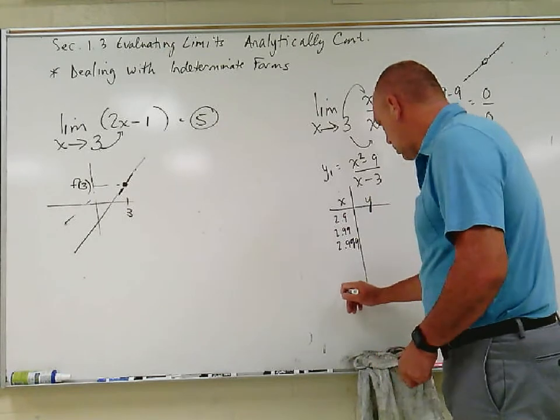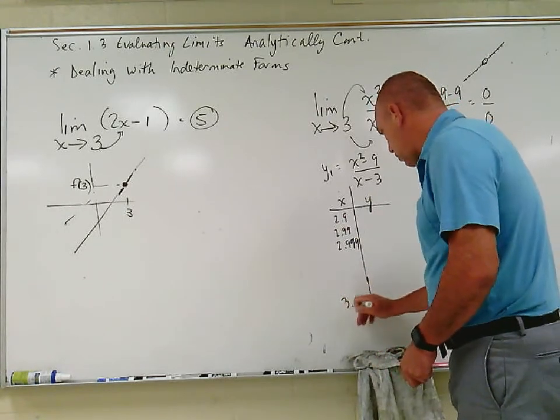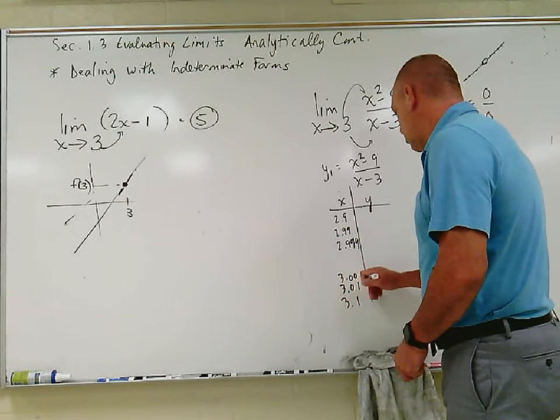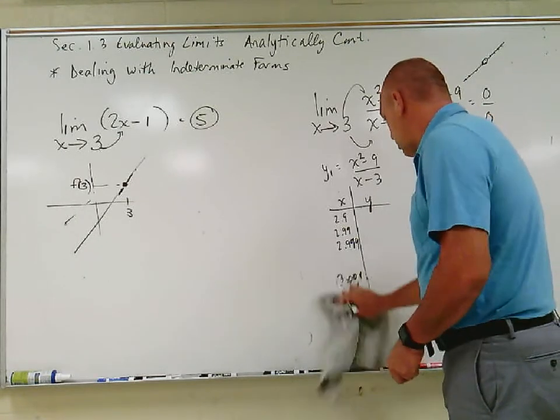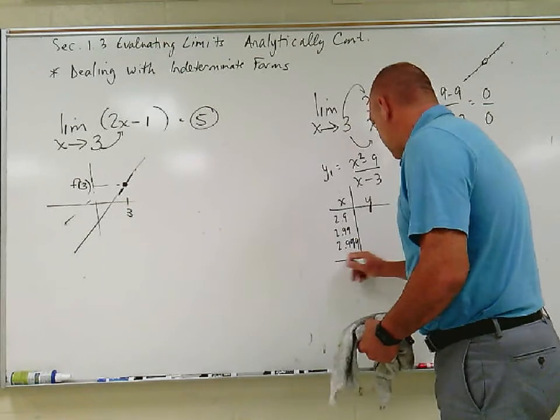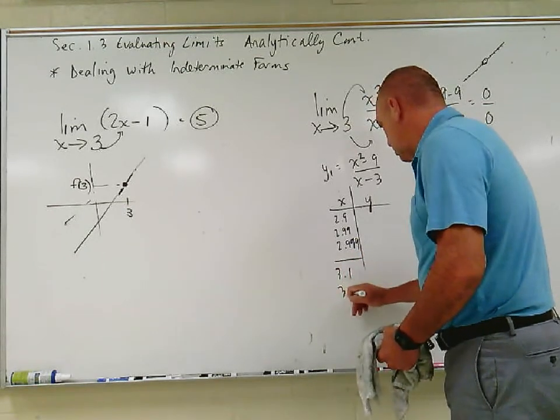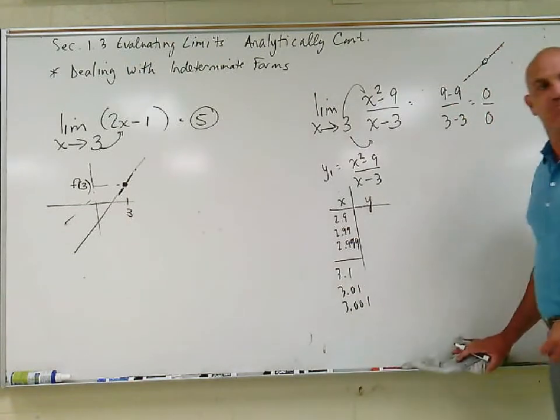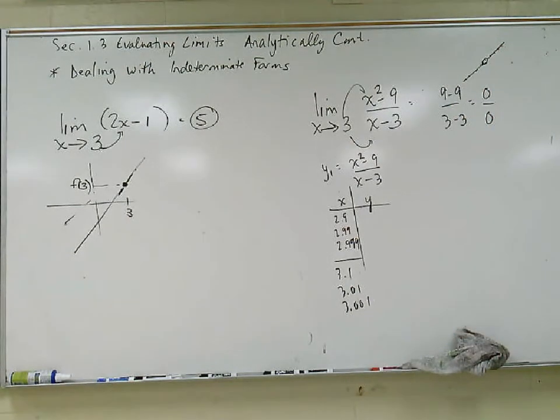Then I'll go backwards: 3.1, 3.01, 3.001. You should pretty quickly get an answer. We will type those in just a second and see what happens.